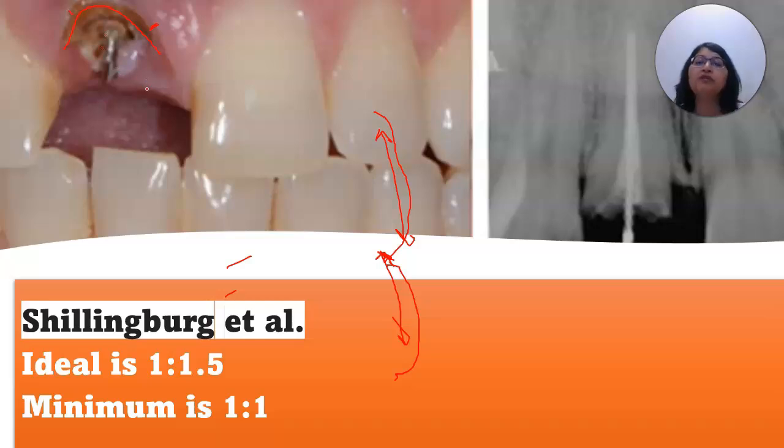That means you would need to expose the crown so that, what we talked about, one is the ferrule height should be there, second, which I'm going to be talking about, is biologic width, and third is adequate width of attached gingiva.